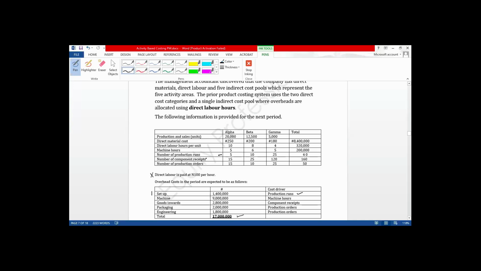Please note, this production run is not tied to units. Examiner says 5 production runs for alpha, so you cannot multiply it by the number of units produced. The total production run is 40. So let's return back there.